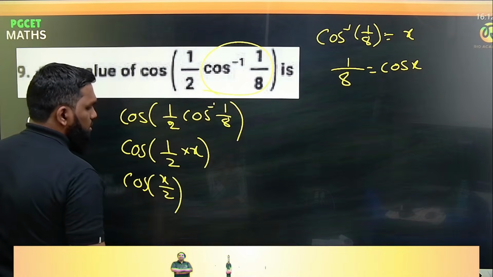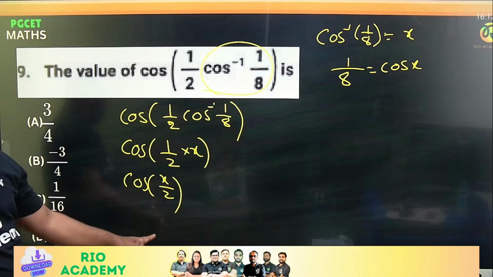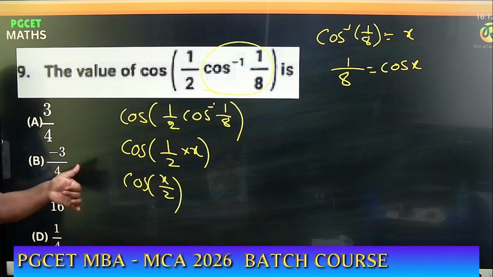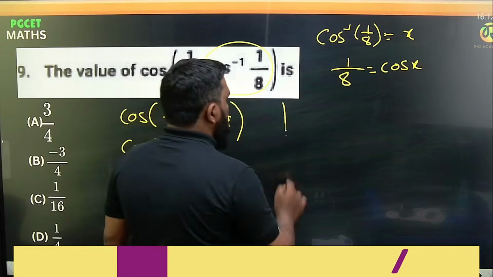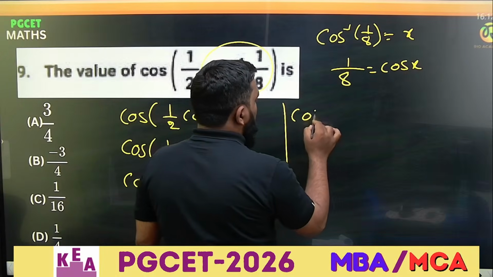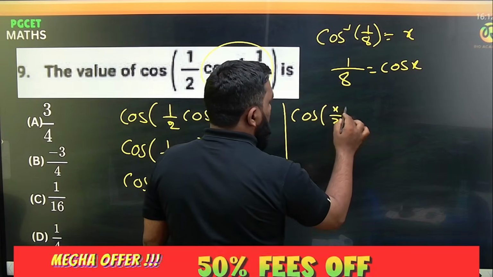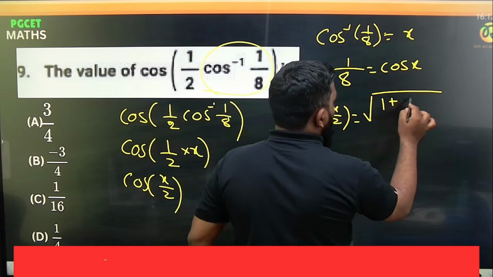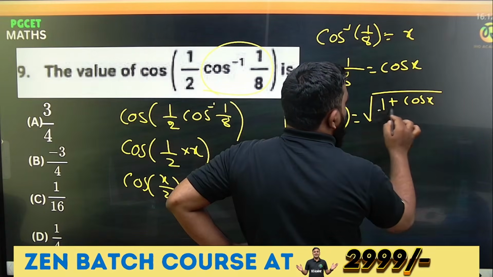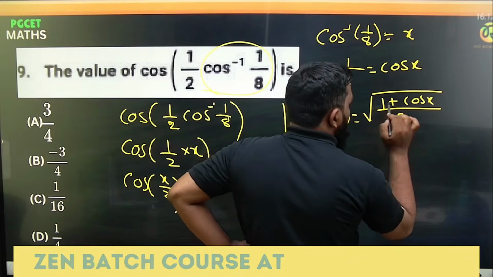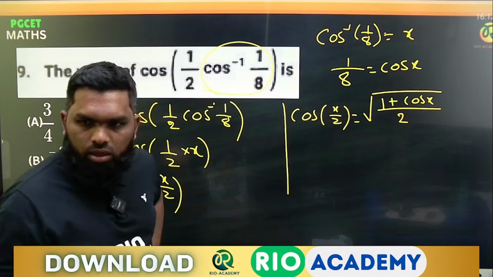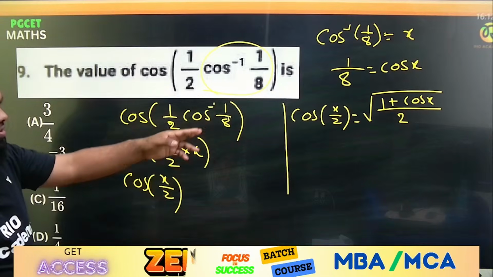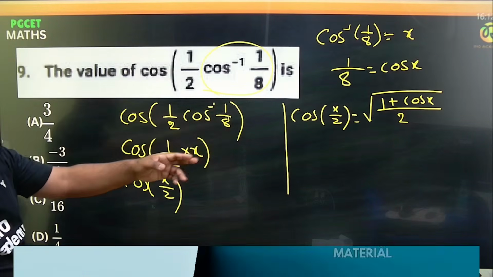To find its value among the options, we have another formula: cos of x/2 equals root of (1 plus cos x) divided by 2. Now put the cos x value in that formula and tell me the answer.